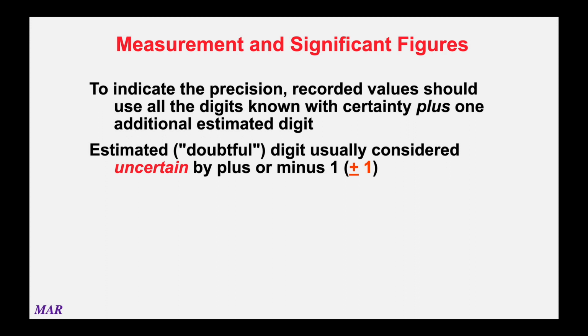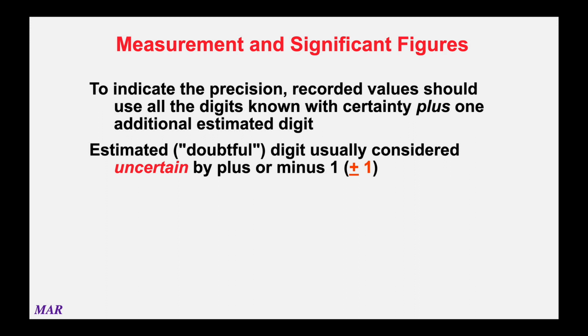If you've ever seen a journal article, it'll say some number plus or minus some other number. The plus or minus is usually the doubtful digit. It's the one that's uncertain. So if you looked at a number, maybe you'd call it 17.4. But if I looked at it, it might be 17.5. Or if someone else looked at it, maybe they'd call it 17.3. There's a plus or minus in that last number, and that's what the doubtful digit is all about.